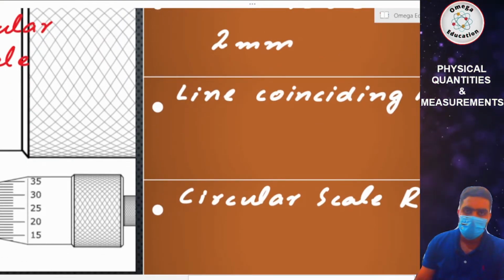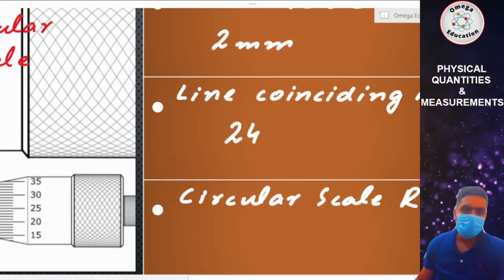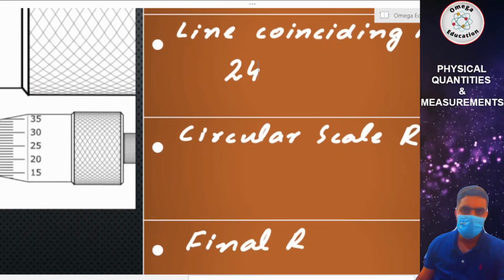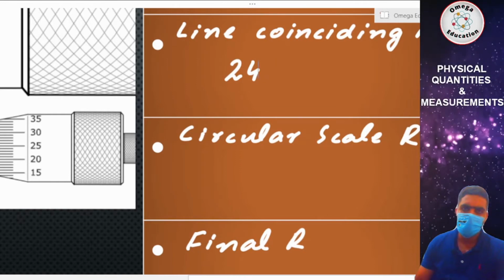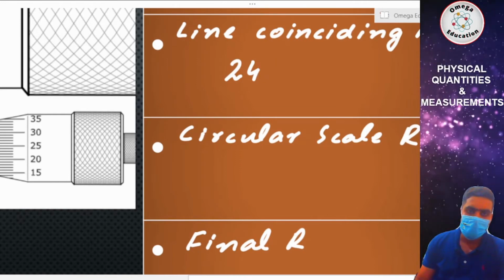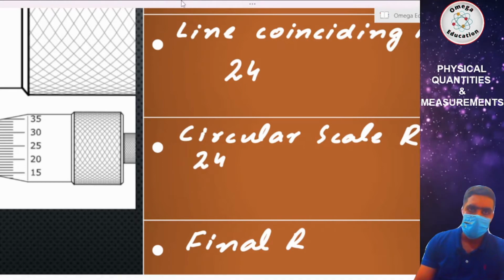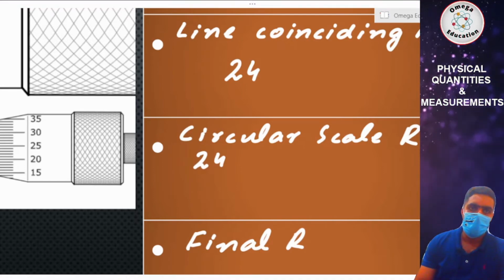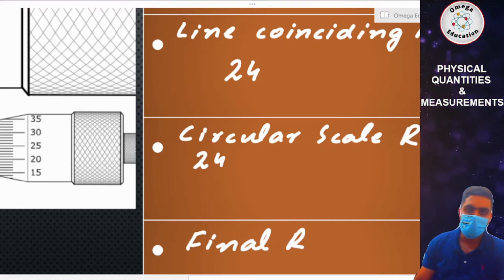In the next step, in order to convert this line number into a circular scale reading, just multiply this line number with the least count of the instrument. Like I said, the least count of this instrument is 0.01 millimeters.